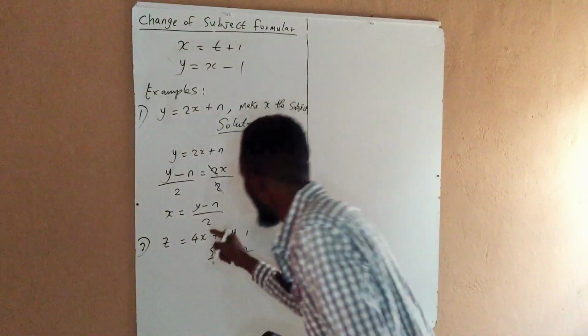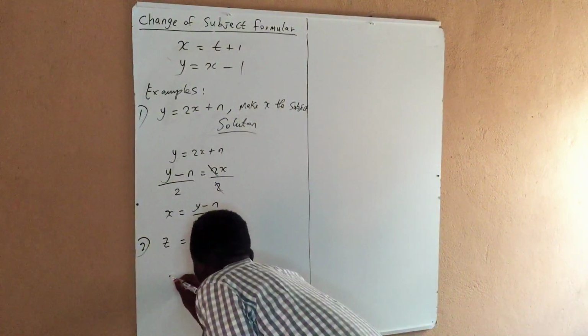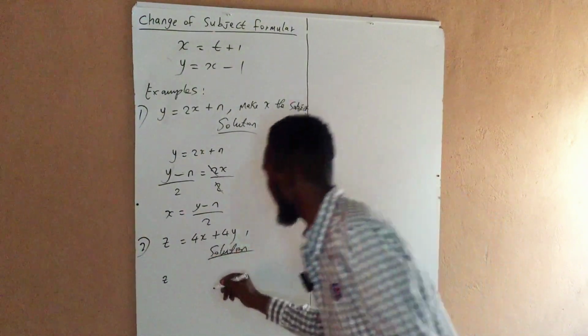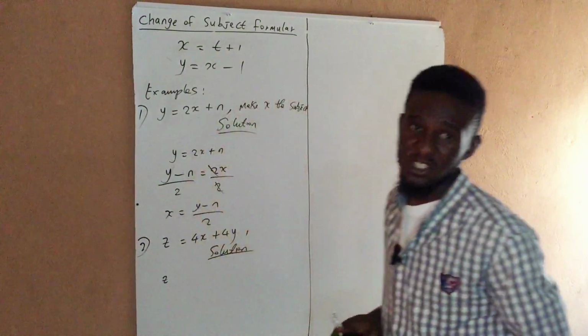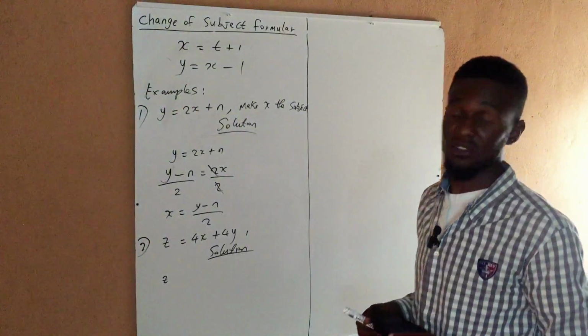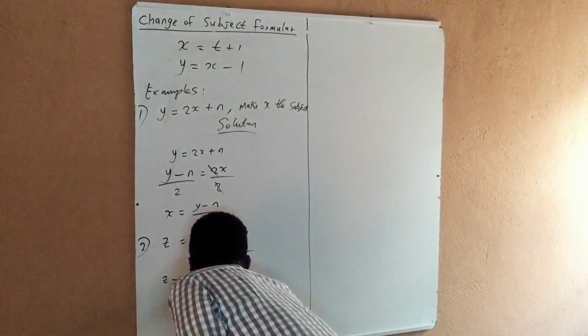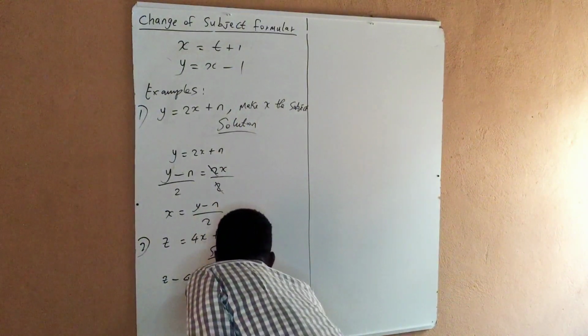Now you write out z. This 4y will come to this side. And you know, when the sign of addition crosses the sign of equality, it changes to minus. That's what we did here. So it will be z minus 4y equal to 4x.